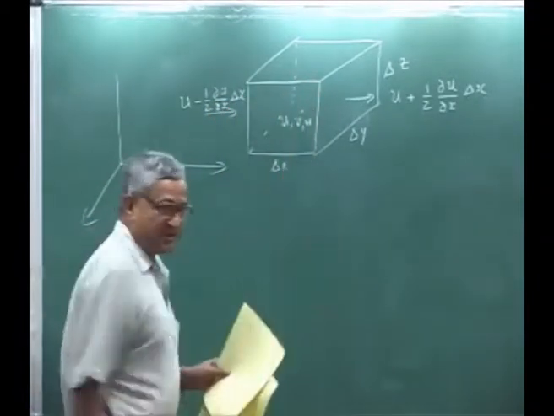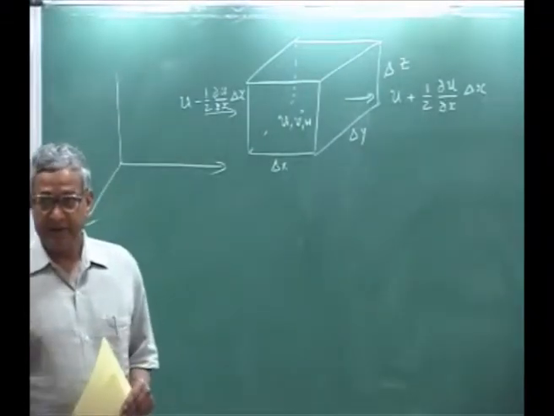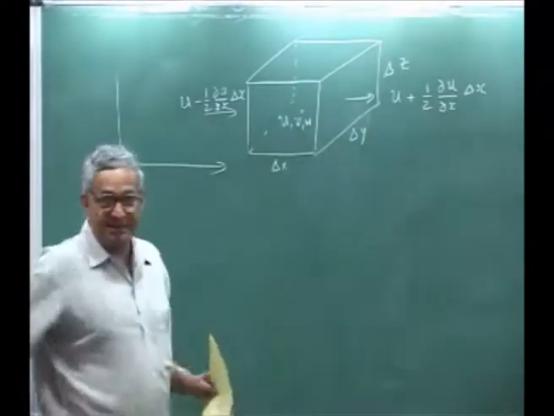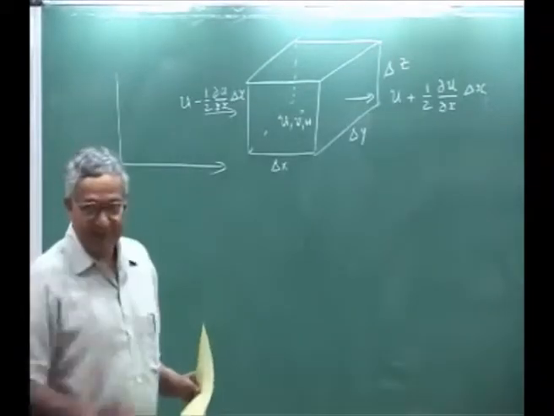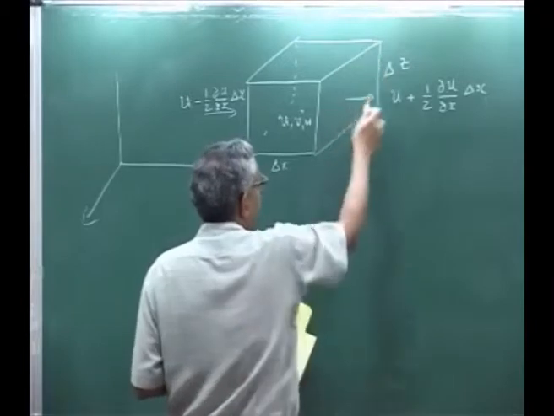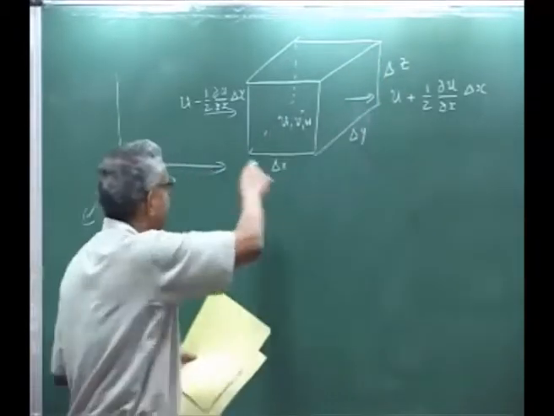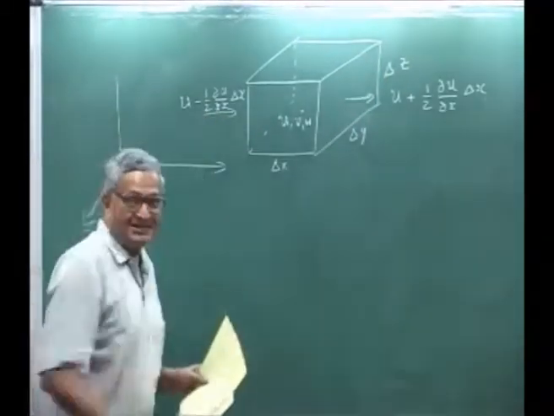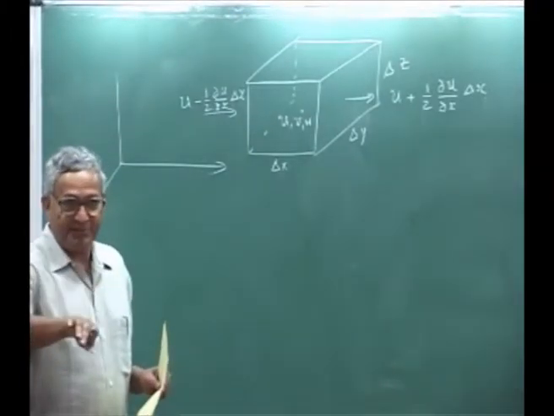Similarly, you can have all the 6 faces. What is the flow into that, what is coming in and what is going out. If you calculate what is going out, this velocity times this area is out, minus this velocity times the same area which is coming in.